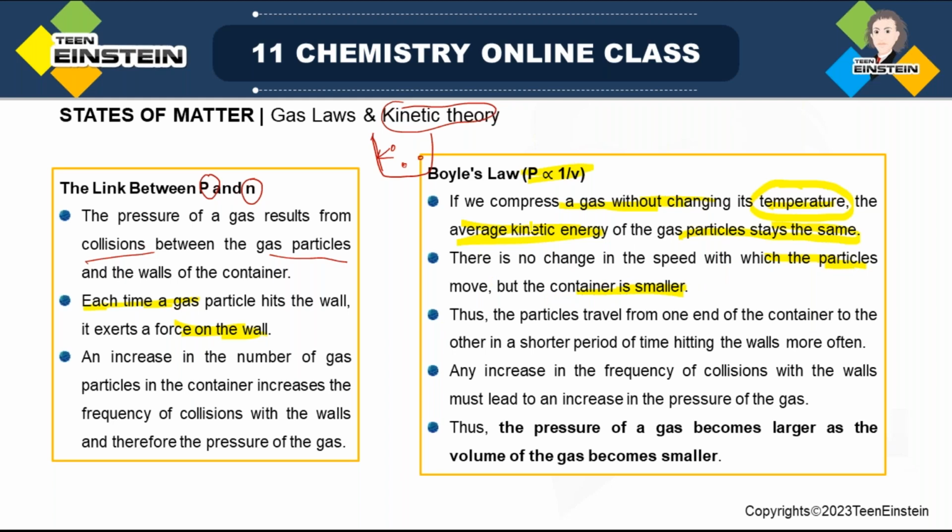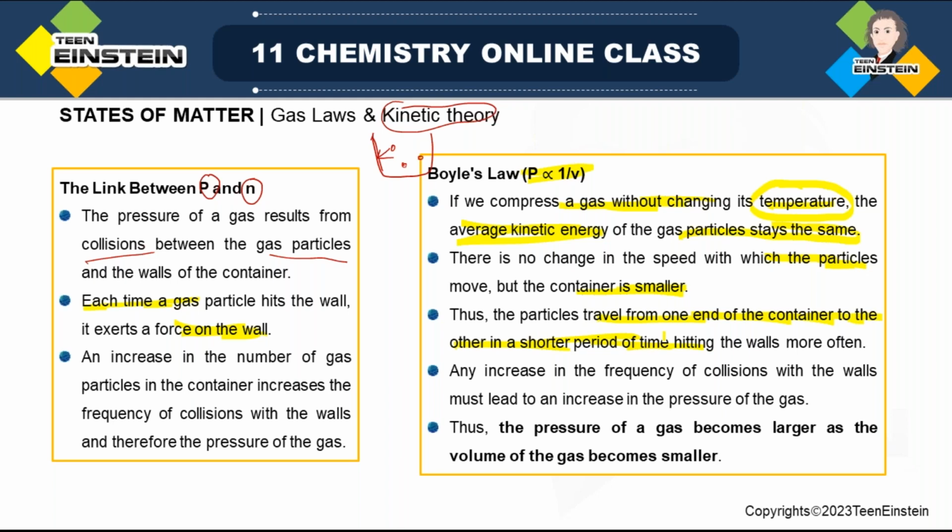Compared to the initial state, the volume is less. But the speed of the gas particles has no change because temperature is fixed. And when temperature is fixed, kinetic energy is fixed, that means speed will also remain the same. Thus the gas particles travel from one end of the container to the other in a shorter period of time.